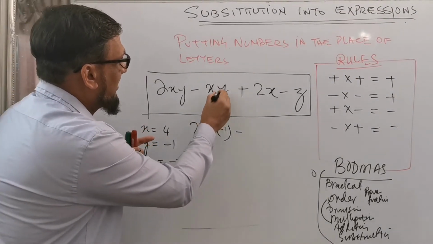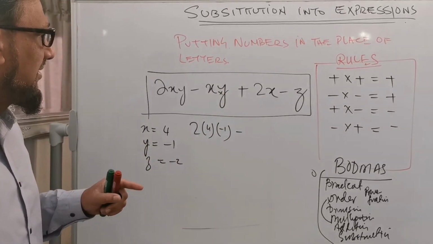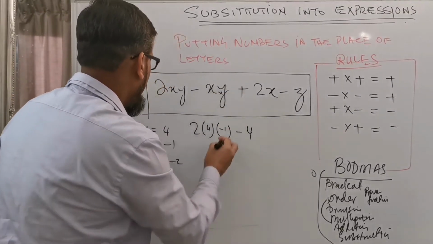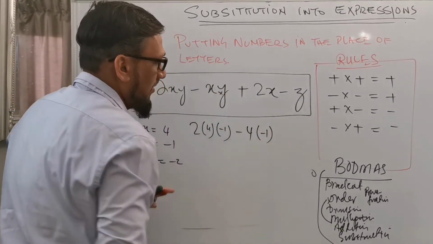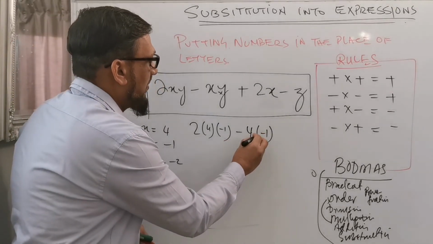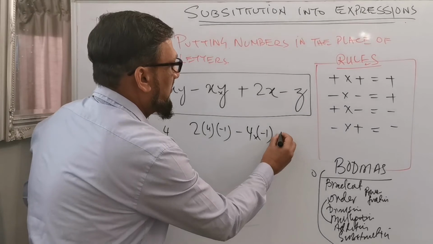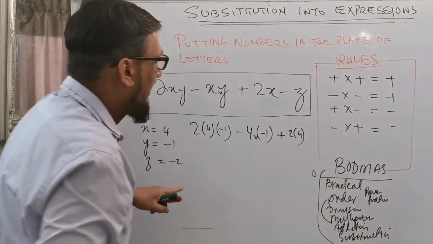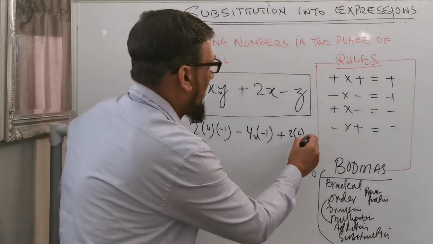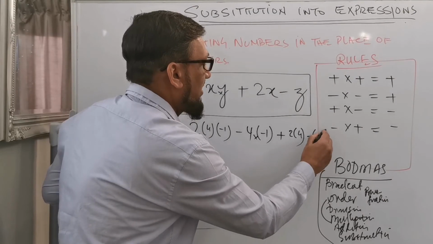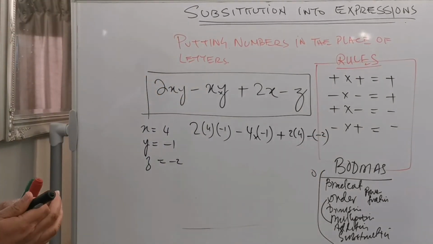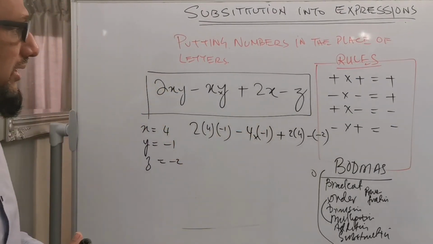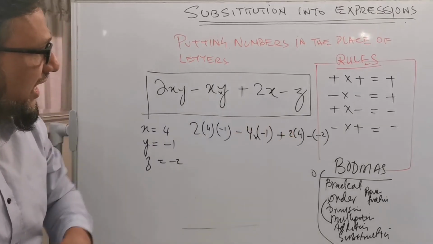So xy means x times y, so 4 times minus 1, and then plus 2x, so 2 times 4, and z is minus 2 in a bracket. So now we have substituted the given values, and we need to simplify this one.